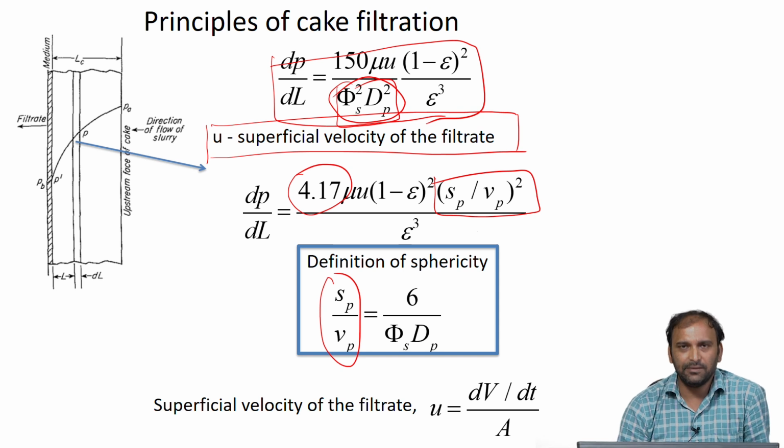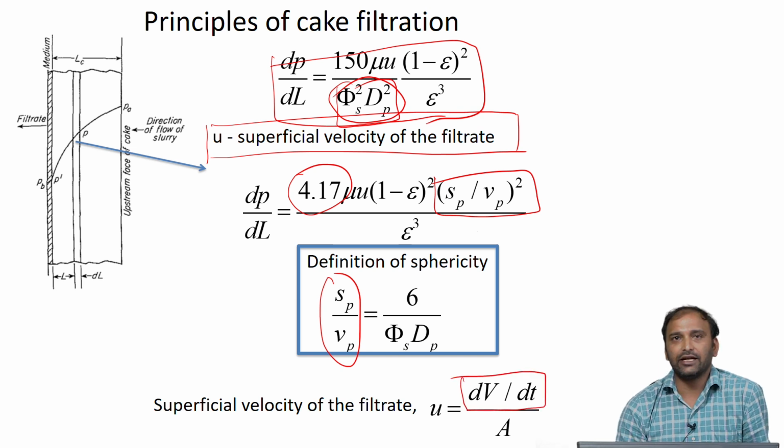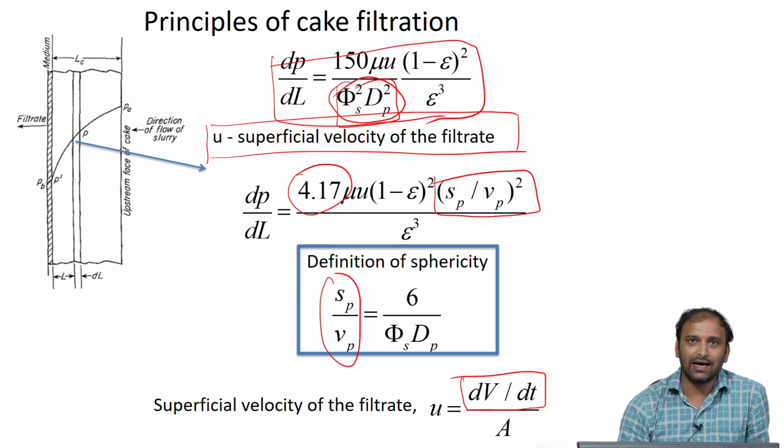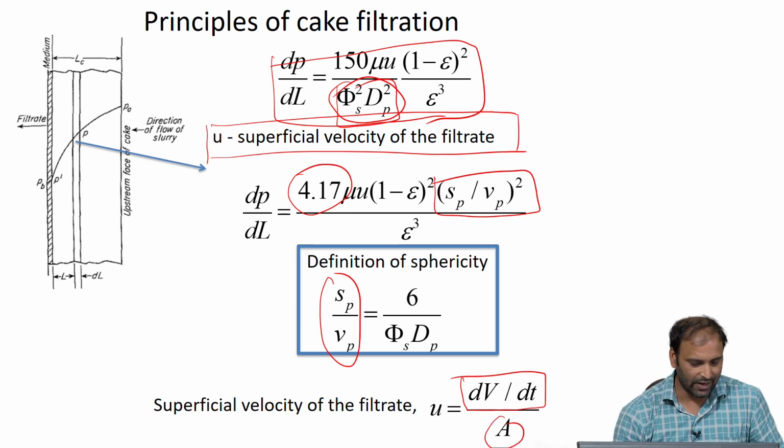4.17, right? And the superficial velocity of the filtrate is defined as the rate at which the filtrate is collected downstream divided by the filtration area available.